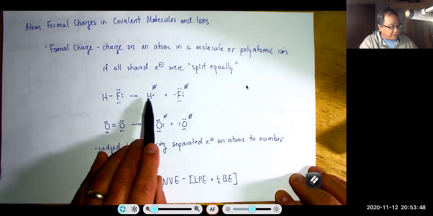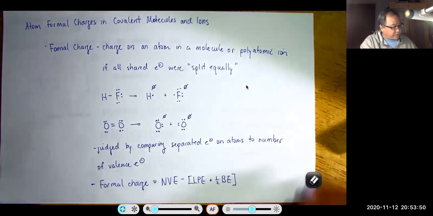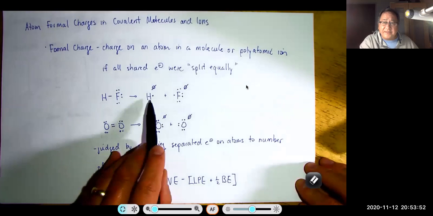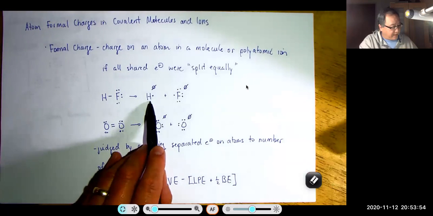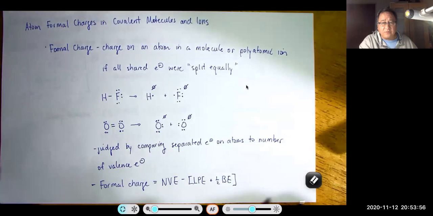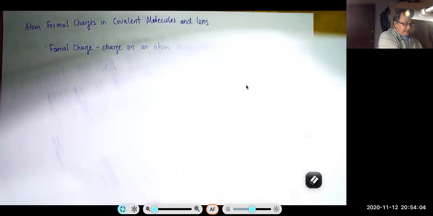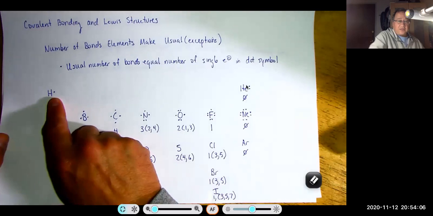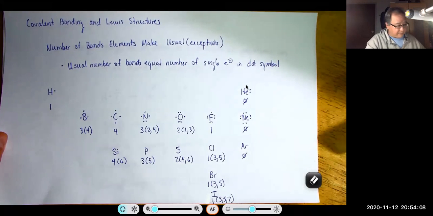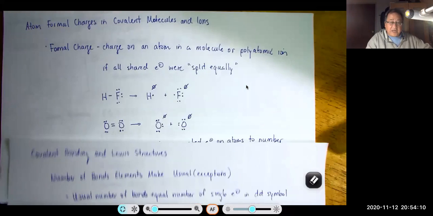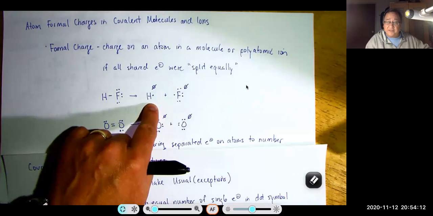Now, if I split these two apart and take these 2 electrons and give one to hydrogen and one to fluorine, we ask ourselves, what is the charge on this atom formally if it has 1 valence electron? Well, if we go back to the periodic table and look at hydrogen in group 1A, it has 1 valence electron. So that's a neutral atom. What is the charge on this hydrogen atom with 1 valence electron?